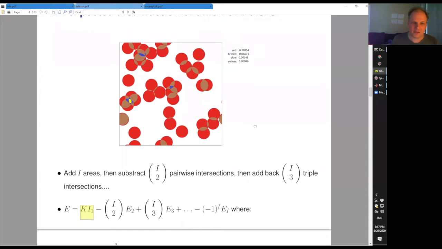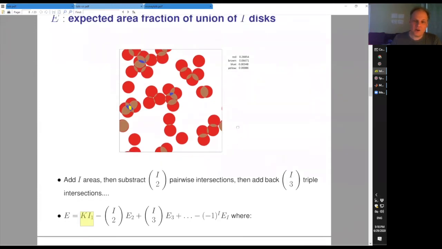It's a typo. But then I have to subtract the pairwise intersections of the areas, this brown region, because I added them twice. But then I have to add back this blue region, which is the triple intersections, and then subtract the quadruple intersection. And they're randomly independent events.